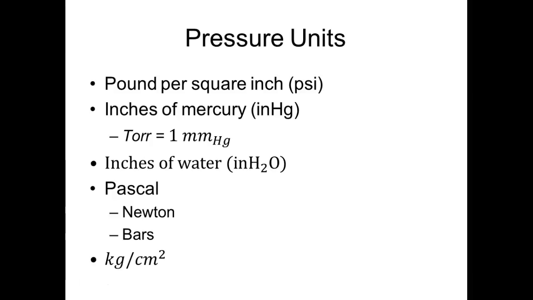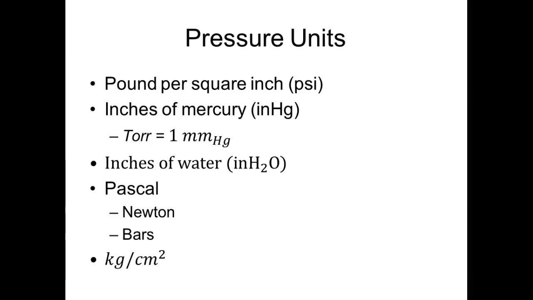These are the different units we have. Of course, most of us are familiar with PSI. You go out there and you put air in your tires, you can play with what? PSI. The other method that we have is called inches of mercury. Also, it could be called a torr. So 1 torr is equal to 1 millimeter of mercury. Right?